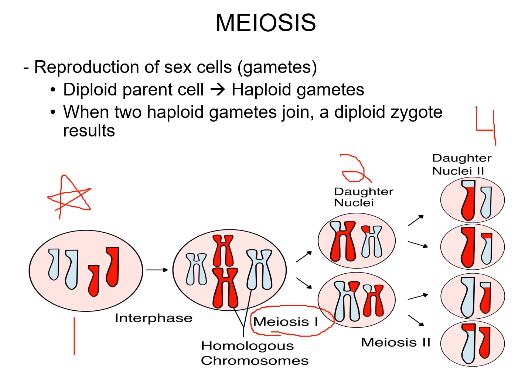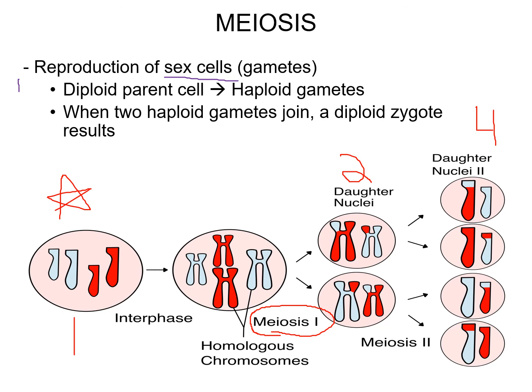get 4 cells. Remember, meiosis only occurs in the sex cells, the gametes, once again sperm and egg. What we're doing is actually shrinking the number of chromosomes, because this is unique to guys and girls respectively.